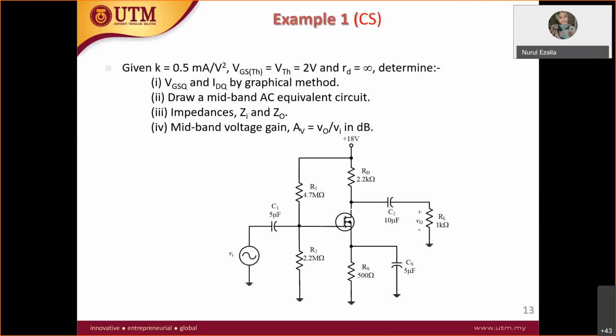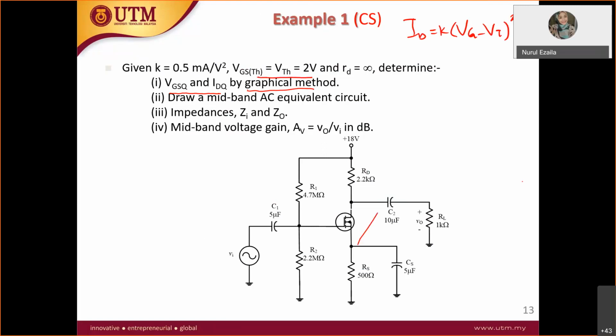If you look at the question, find VGSQ and IDQ by graphical method. If you still remember, you have to draw the ID. So ID is equal to K times VGS minus VT squared. VTH is given as 2 volt.